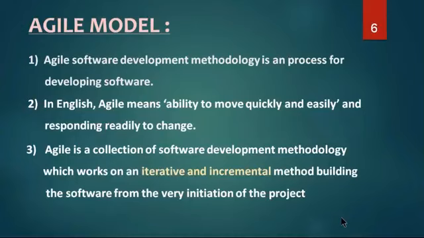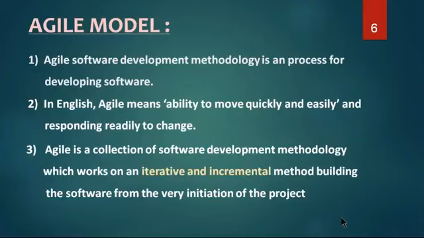You have to move like in a rugby game. Cricket is like SDLC, rugby is like agile. Why? Because in cricket we have to play step by step, but in rugby we all have to play together within a fixed time.